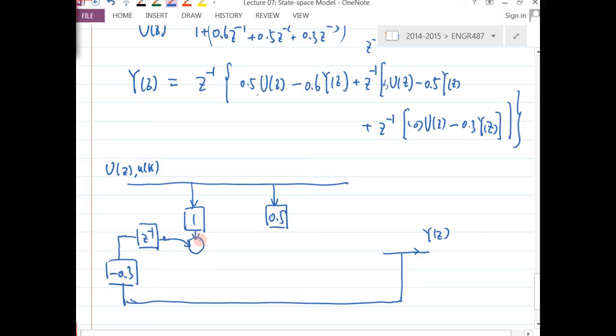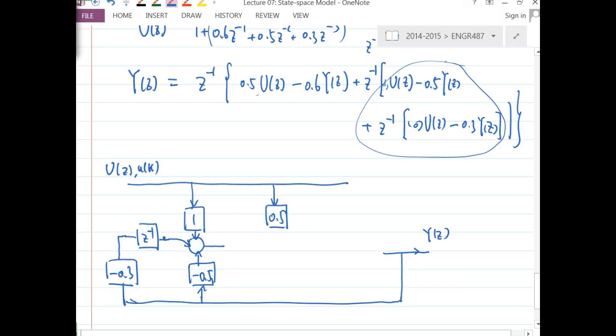And at the same time, it's going to subtract 0.5 y of z here, which means feeding back y multiplied by negative 0.5, and adding these together. So 1, 2, 3. All three together give you this block here.